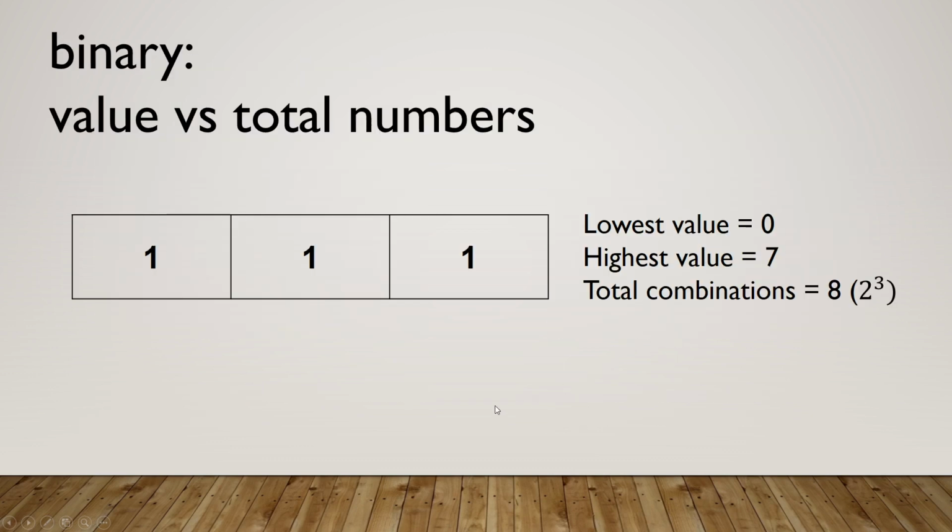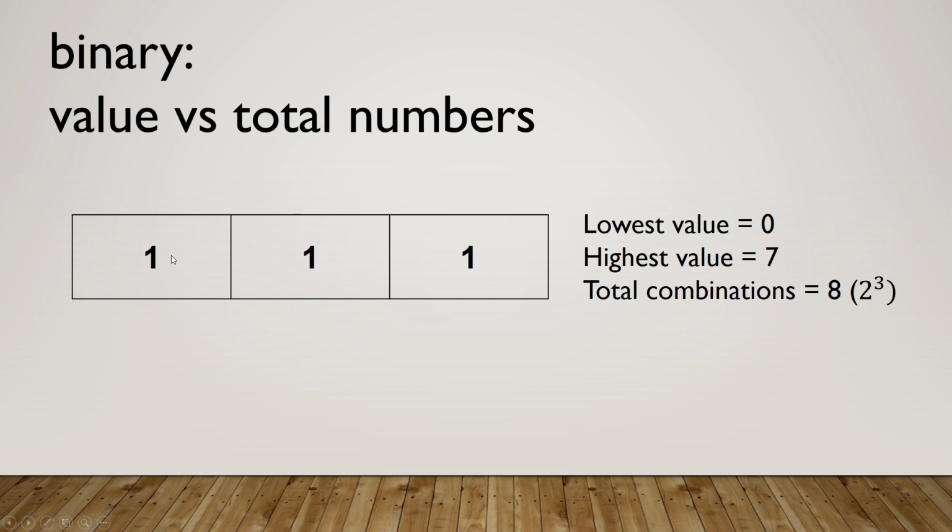Okay, let's look at binary and the idea of total value versus the total numbers available versus the highest value. There's a slight difference because the lowest value, usually when we have bits, 0, 0, 0, would be the first number, right?